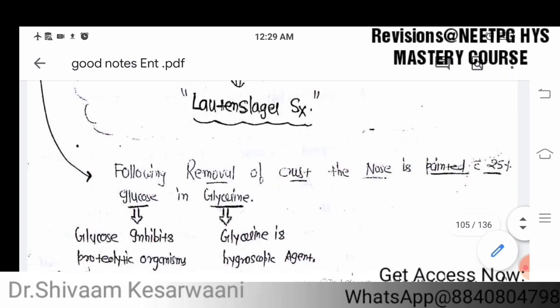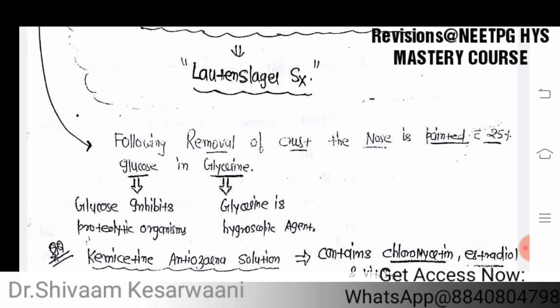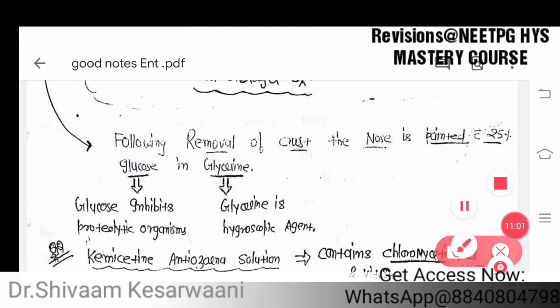Strange to know, na? It is basically a collection of cheesy material in the nose following chronic sinusitis or any obstruction. So what you observe is cheesy material inside the nose. That is why it is called rhinitis caseosa, and it is termed cholesteatoma of the nose just because of its appearance like cholesteatoma of the ear.